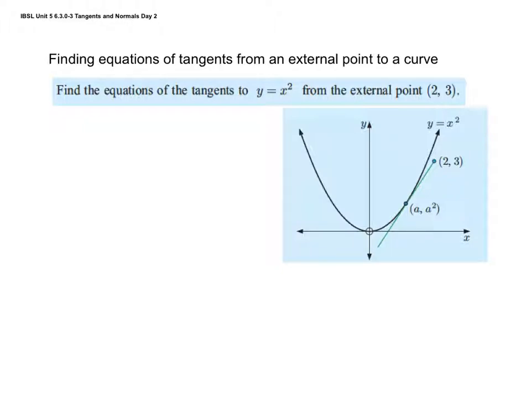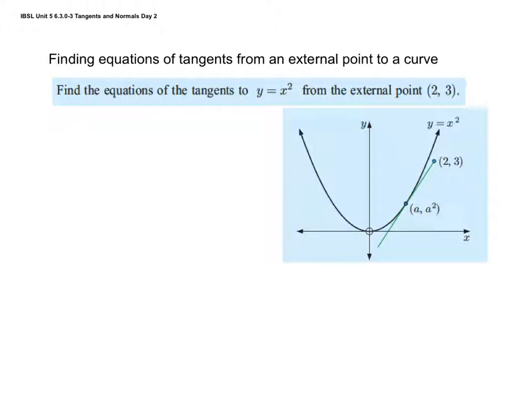Because it's on a parabola. What's the equation of that parabola? X squared. So if we're looking for some random point where x is a, then y has to be a squared. So you're using the function here to come up with the coordinates of your unknown point.